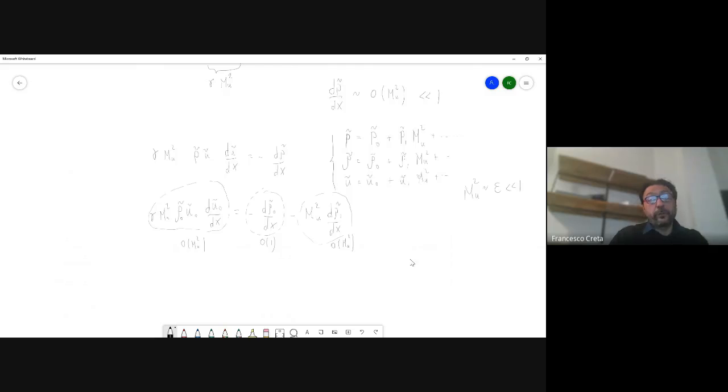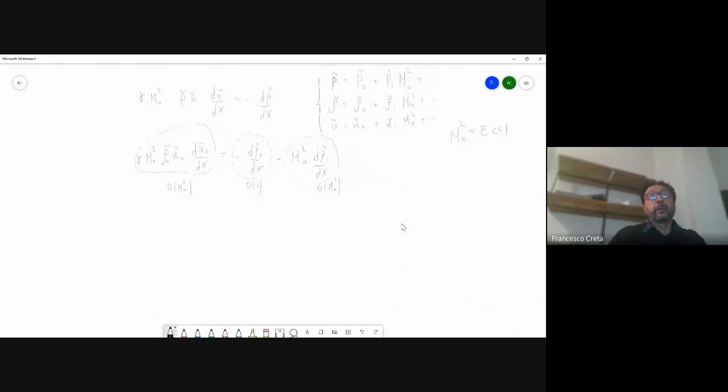So what you usually do, and if you remember, we've already done this with regular perturbation and singular perturbation theory, you compare equal orders. So you extract the order 1 terms, and you compare left hand side and right hand side, okay? And so you have that the gradient of the leading order pressure term is equal to 0.